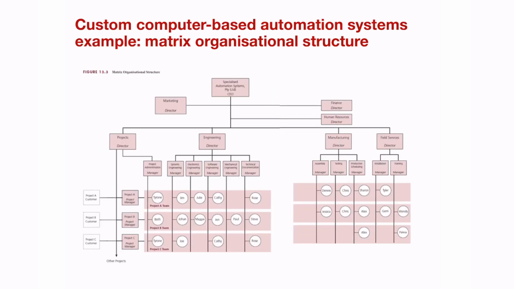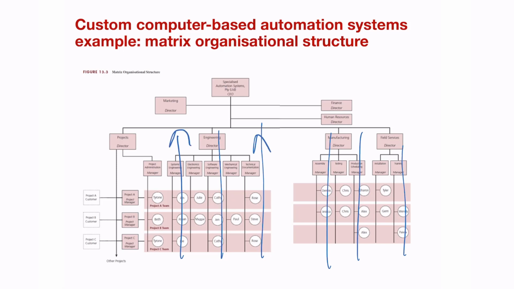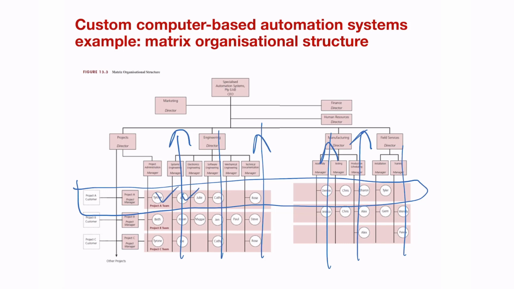So this is an example of a matrix structure, which means that there is the functional structure running across, and those are that particular person's direct line of authority. However, they might be working across different teams, because what you need is a combination of cross-functional expertise in your team.